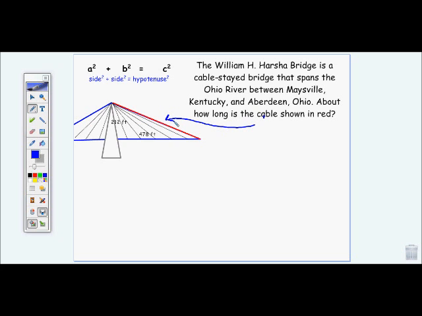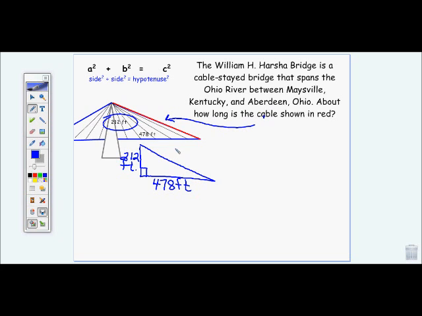Now to know that, we better get some information from the picture. I don't know if you can see that very clearly, but that's 212. So if I'm going to make a nice clear right triangle here, I have one leg that's 212 feet. I have this other leg down here, which would be the road, which is 478 feet.